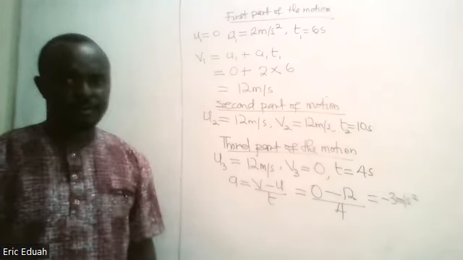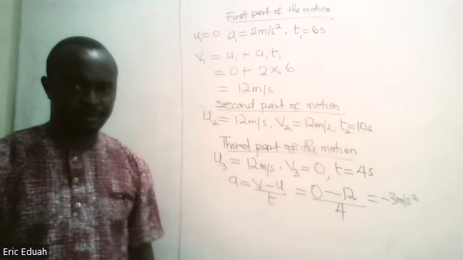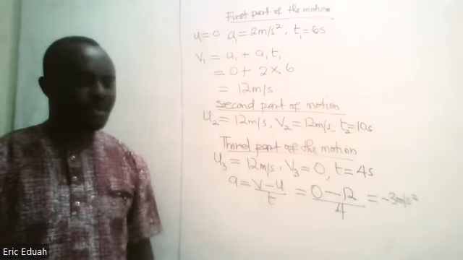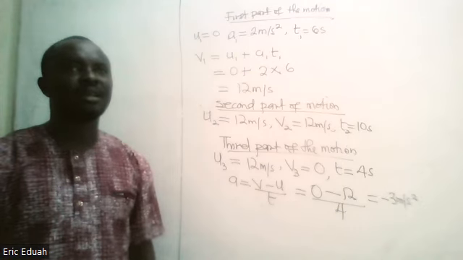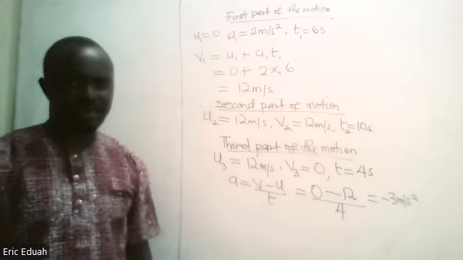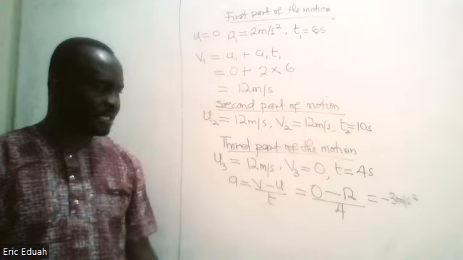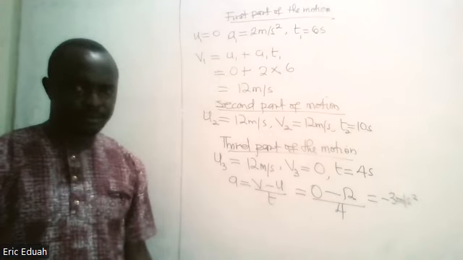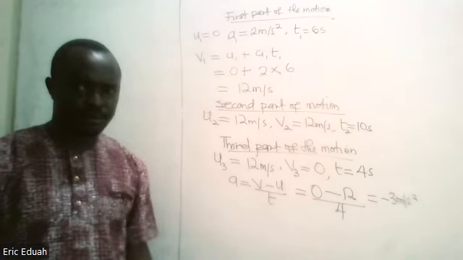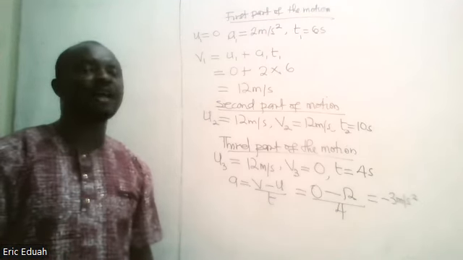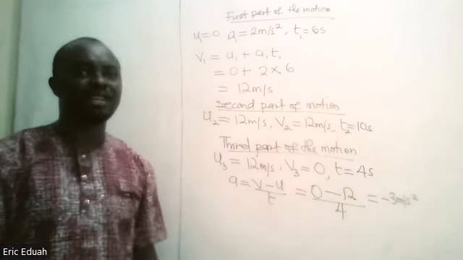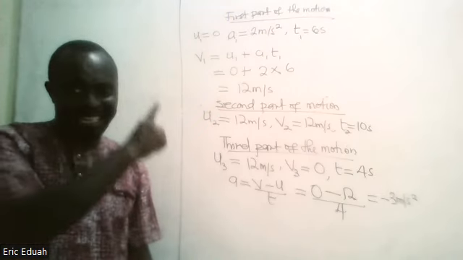Sir, can we be asked to solve a question involving deceleration where the time becomes negative? No, the time won't be negative. I'm not talking about this question, apart from it. I've understood where you are coming from.